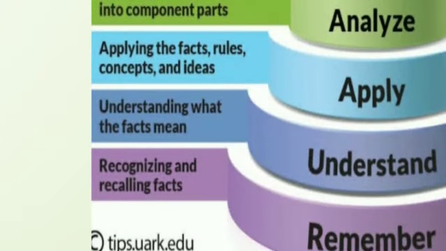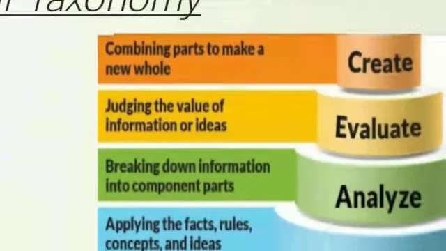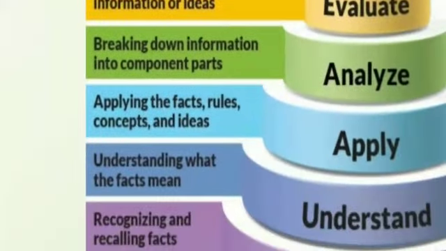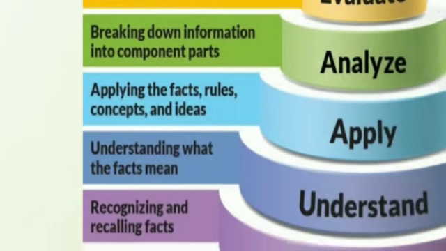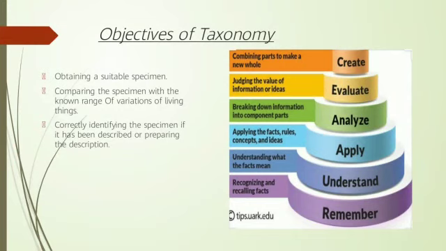We are studying all of these one by one. And then remember, recognizing and recalling facts. Having studied all that data, we must remember these steps. Firstly, create, then evaluate, analyze, apply, understand, and then remember. So these are the objectives of taxonomy.